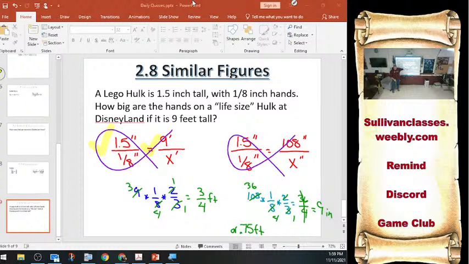That's fine. But did you match the same thing each time? If you said Lego to model equals Lego to model, height, hands, okay, fine, you're still matching the same stuff. That's okay. So did you do a proportion? Did you set up the proportion correctly?